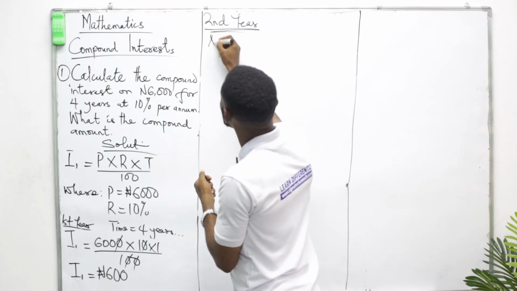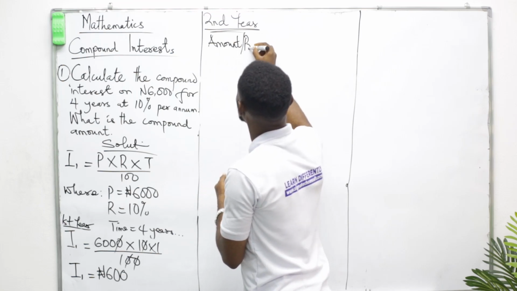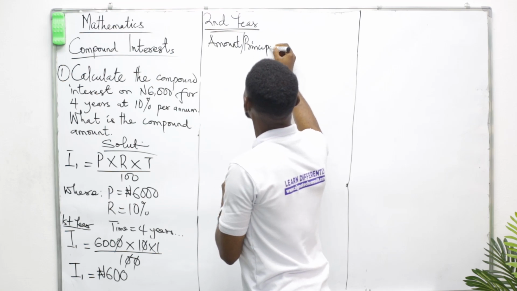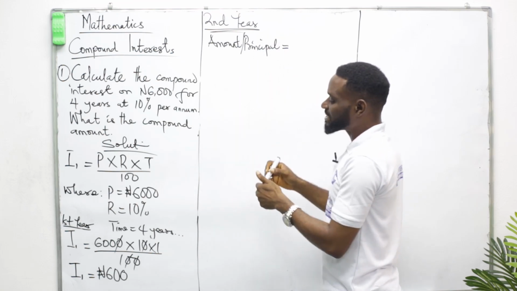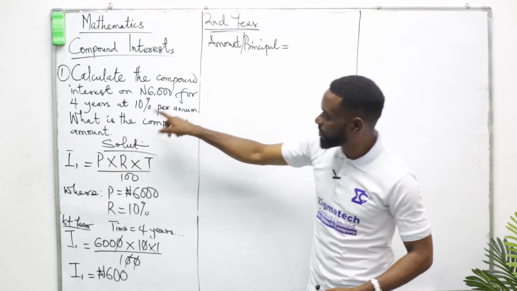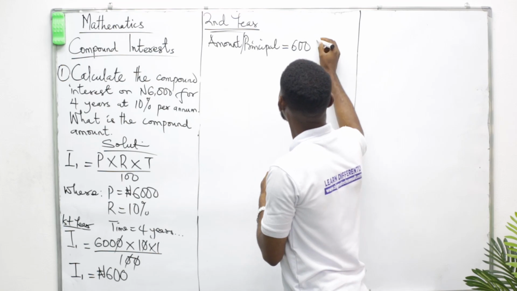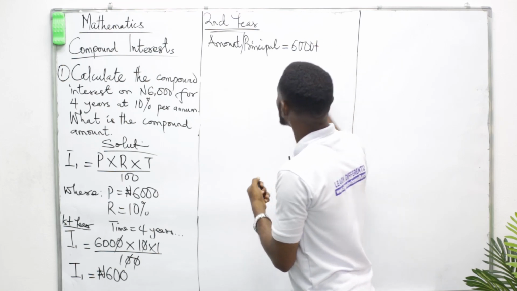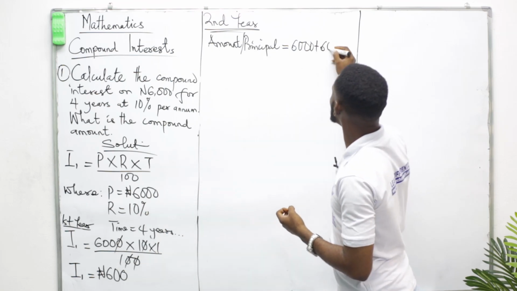The amount, stroke principal, for the second year is the principal of the first year, which is 6,000, plus the interest for the first year, which is 600.